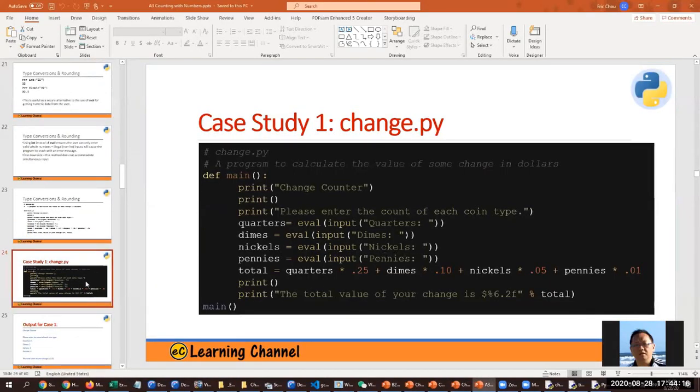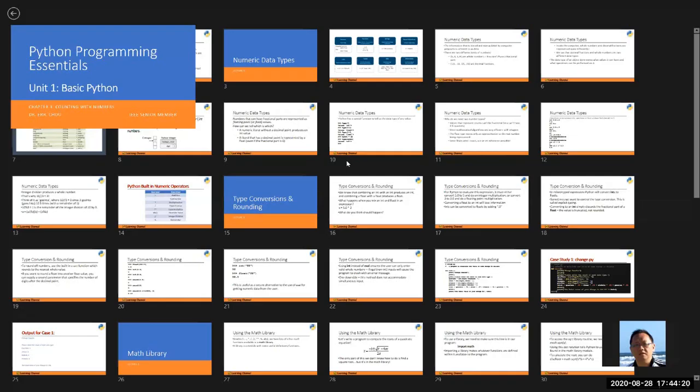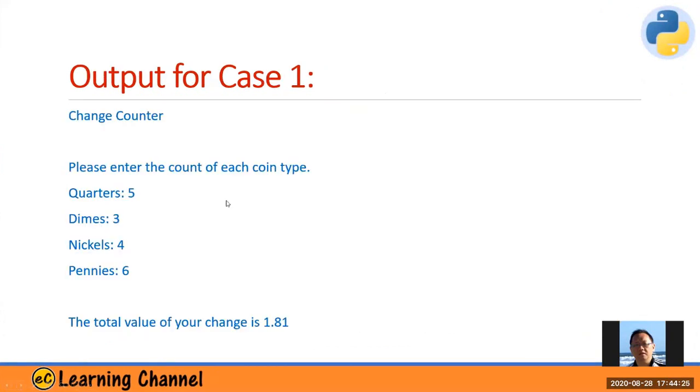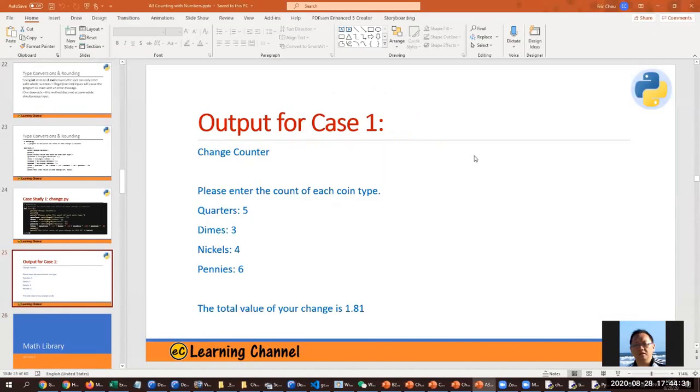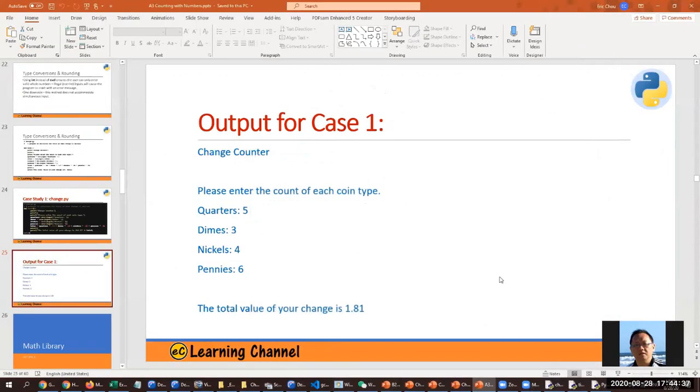Okay, let's finish the portion. So here we have change.py. This one is different from ours. You enter these and you will get the number. So let's try this version of change.py, not my version, but their version.